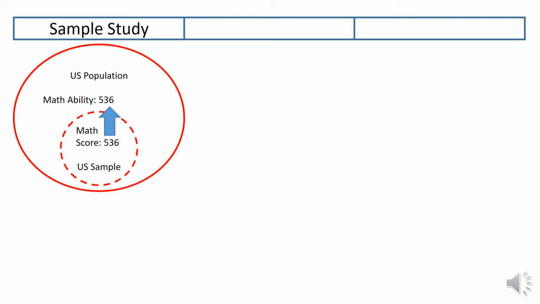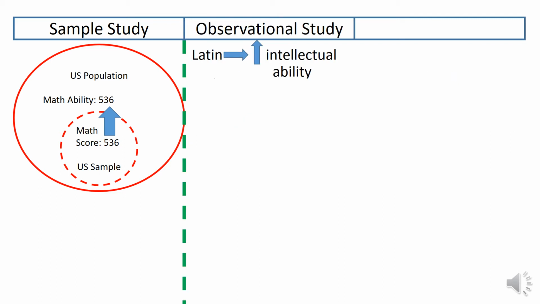Another type of empirical study is the observational study. Up until the early part of the 20th century in the United States and in Europe, it was very common for students who went to school to learn Latin, the reason being that Latin was thought to potentially improve the intellect of the students.